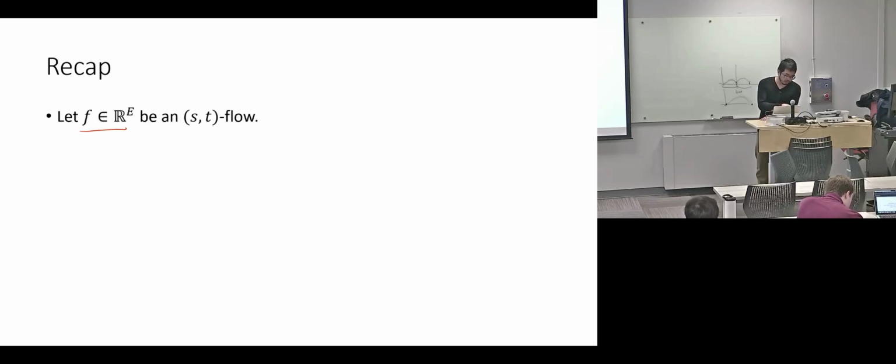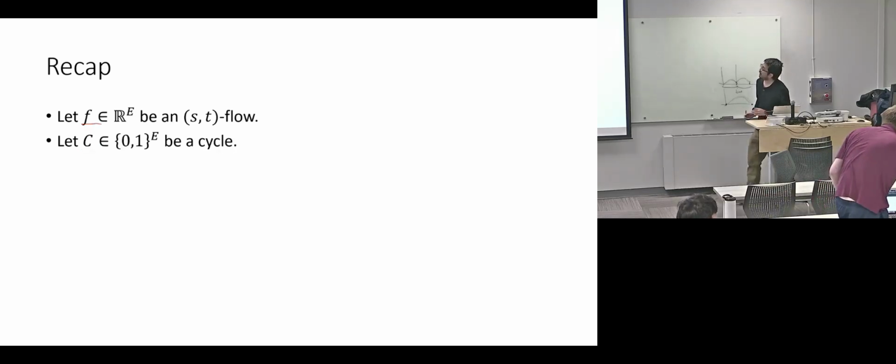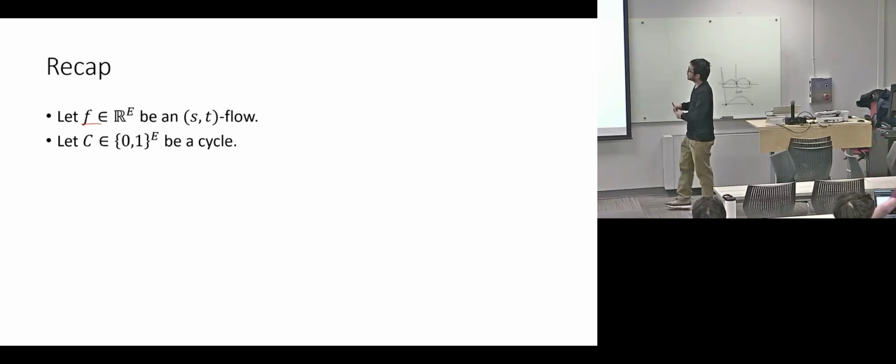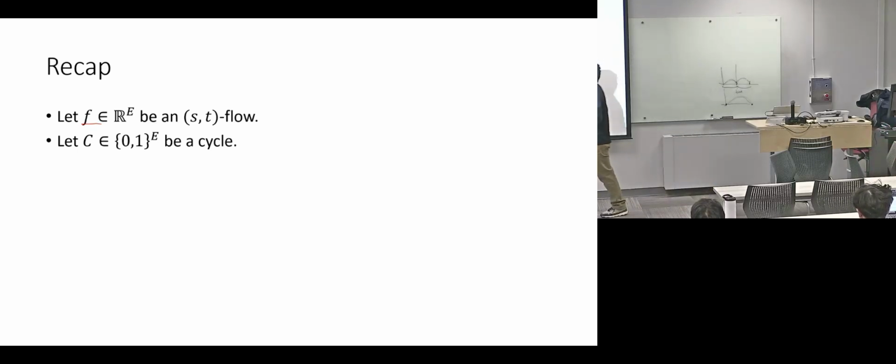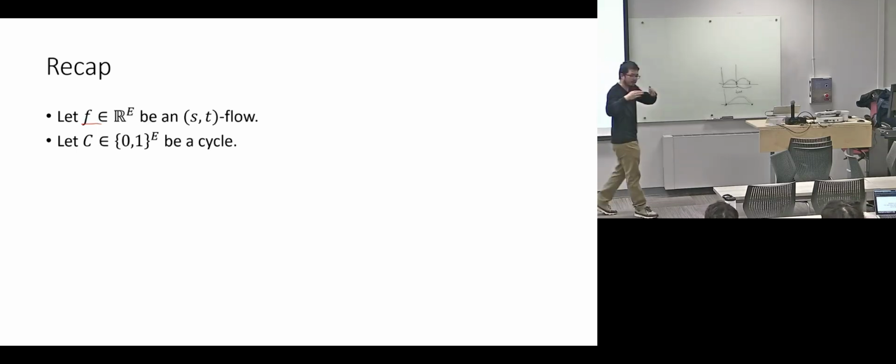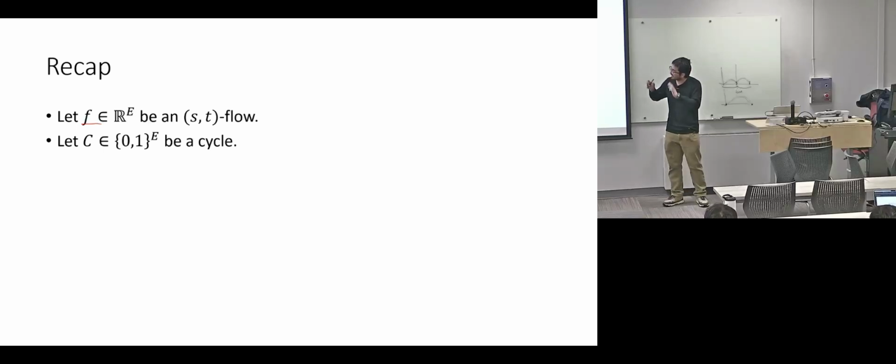Okay, so now let's say that I look at some ST flow. And let's say that C is some cycle in a graph, and I represent it as a 0, 1 vector on each edge. Just choose each edge, whether you choose it or not.